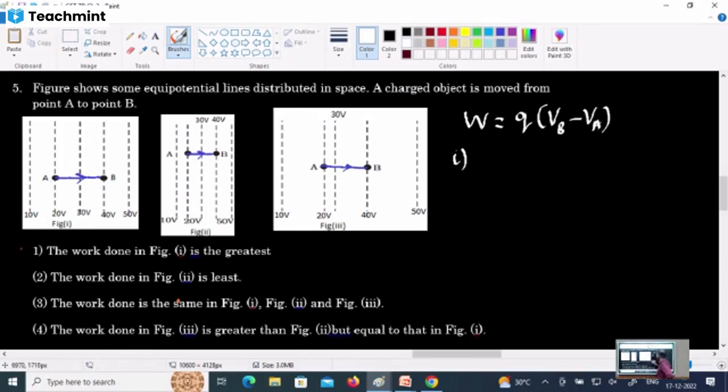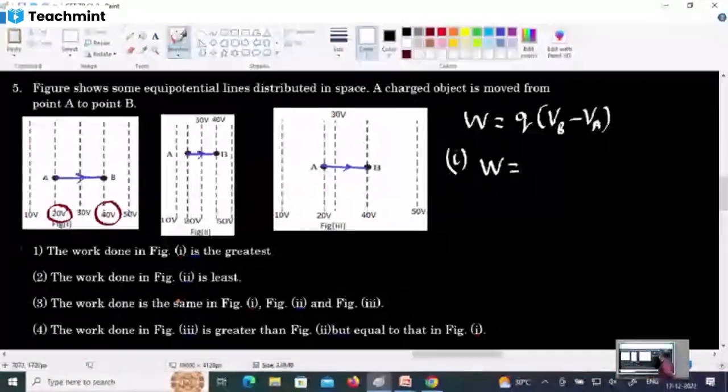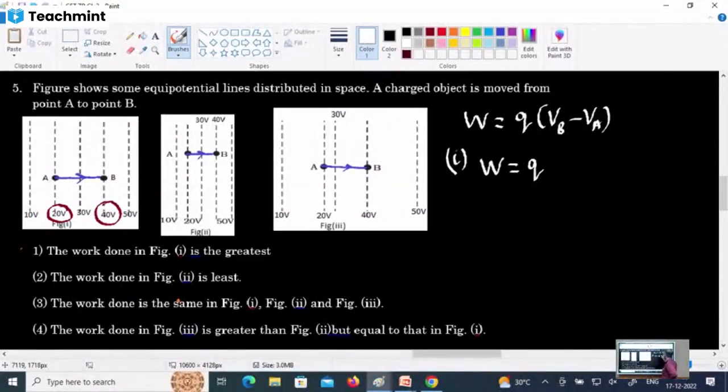So in the first case, VB is 40 volt, VA is 20 volt. So W is equal to charge, whatever the charge is, times 40 minus 20.